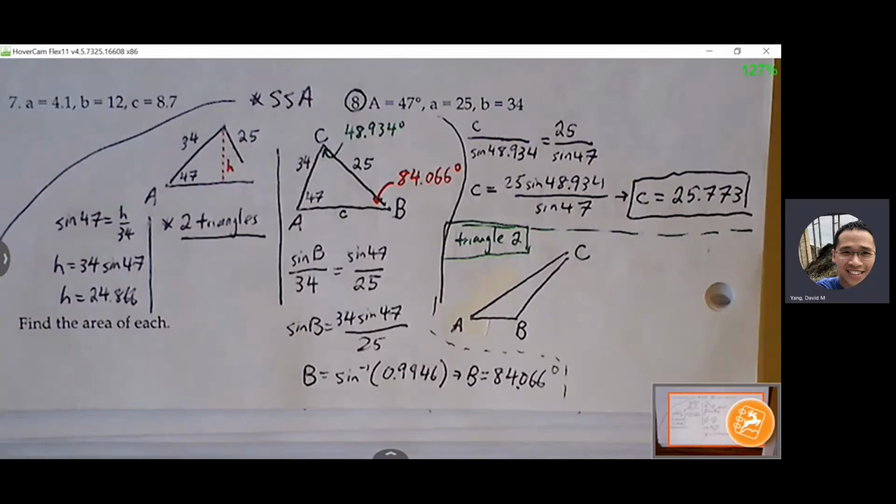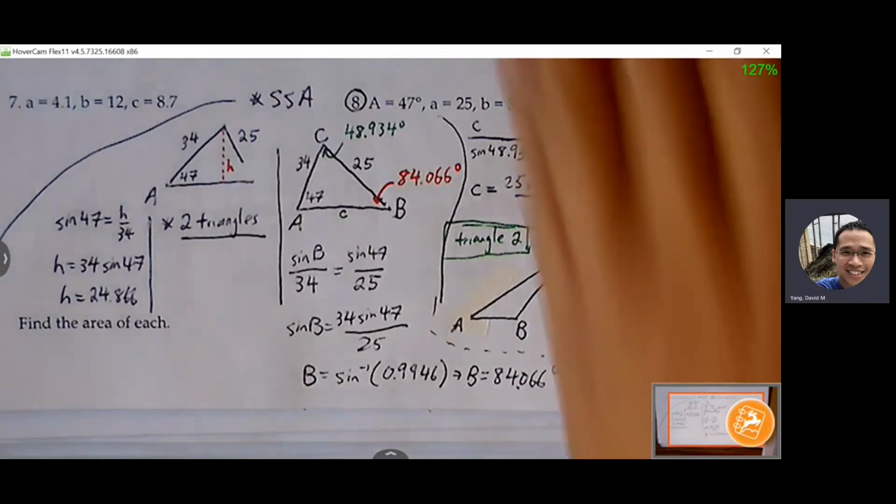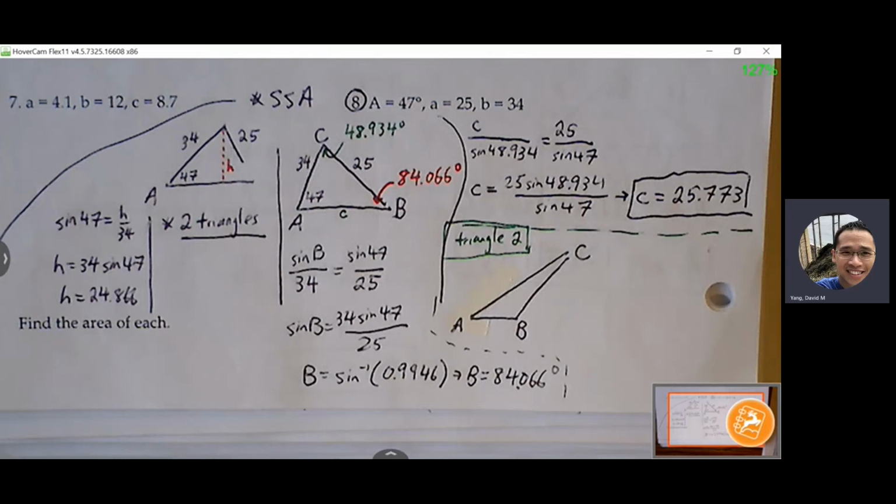Go to page 25 and do 9 through 11. So 8 through 11. And 9 through 11 are just area problems.